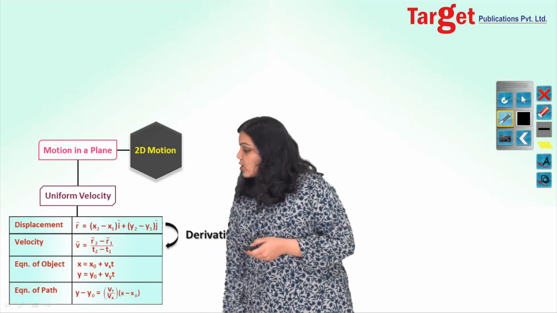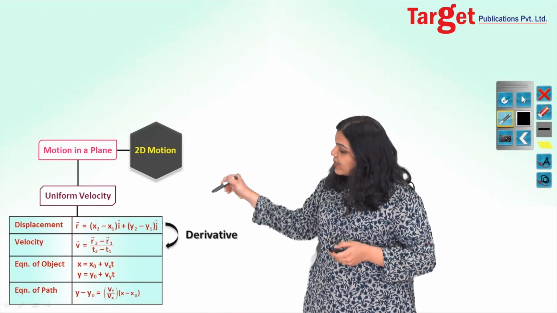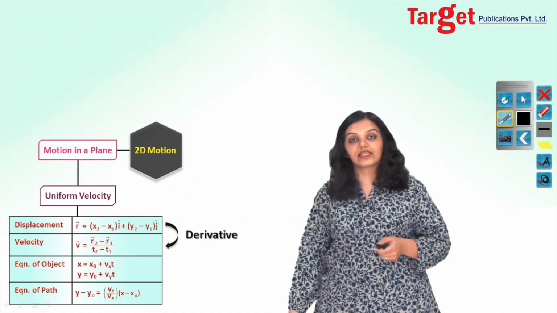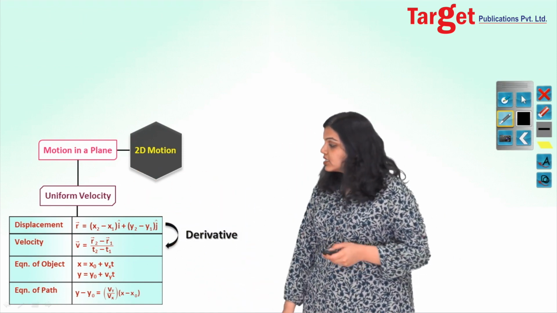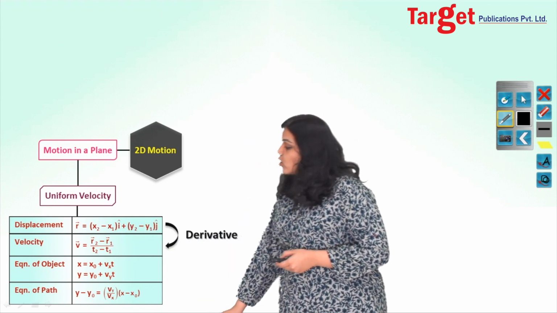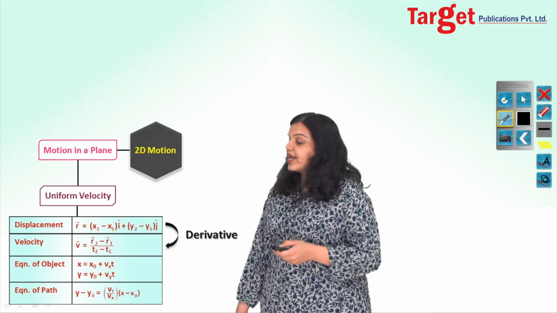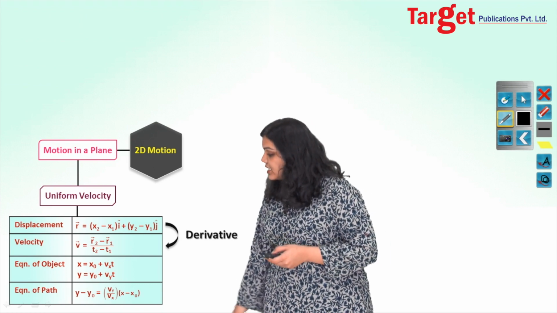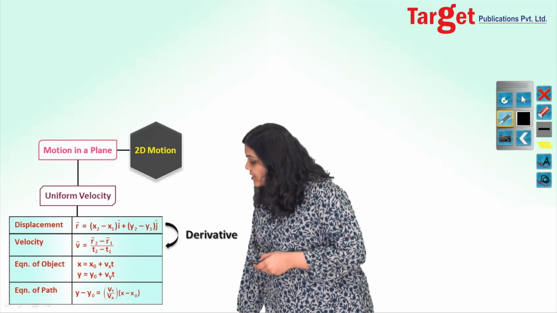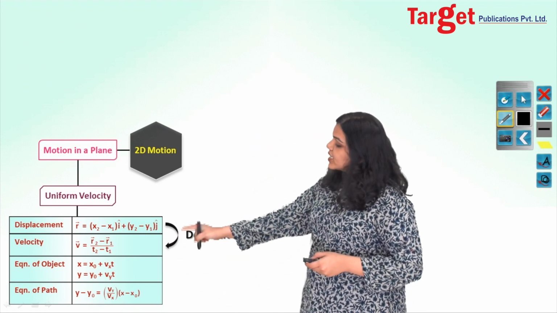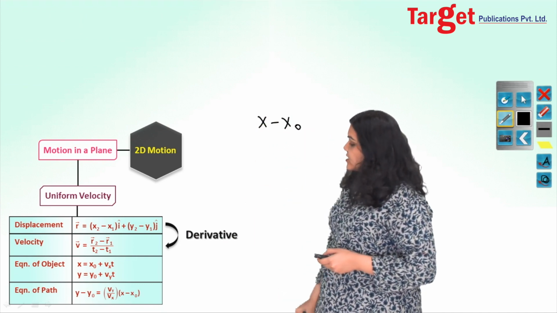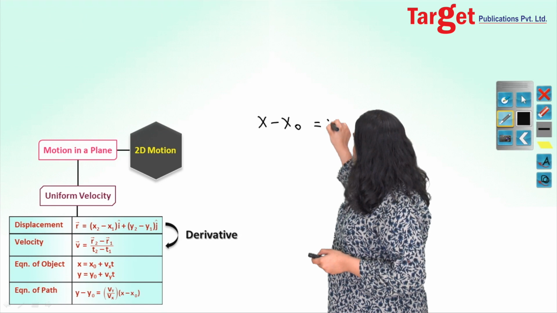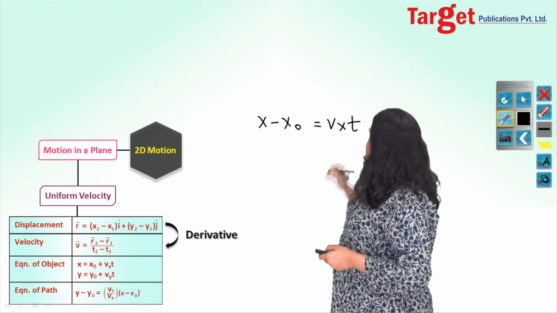The next one is the velocity vector, which I said you will get by deriving displacement with respect to time, because velocity is nothing but rate of change of displacement. Next, we have the equation of the object, where x is equal to x naught plus vxt and y is equal to y naught plus vyt. If you take any one of these equations, I can rewrite it as x minus x naught is equal to vxt.